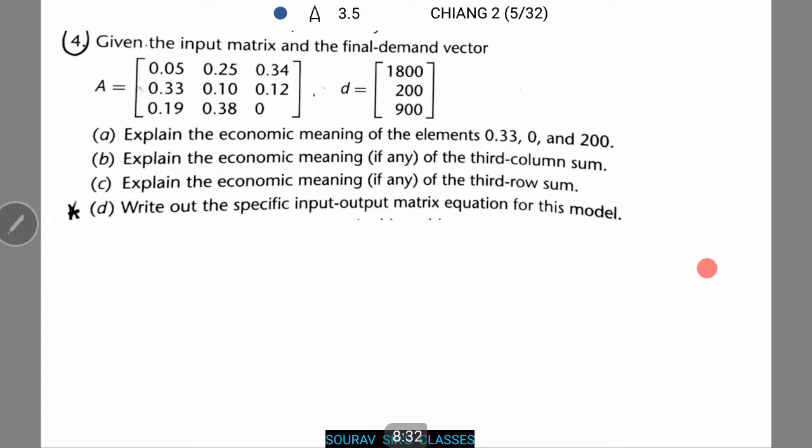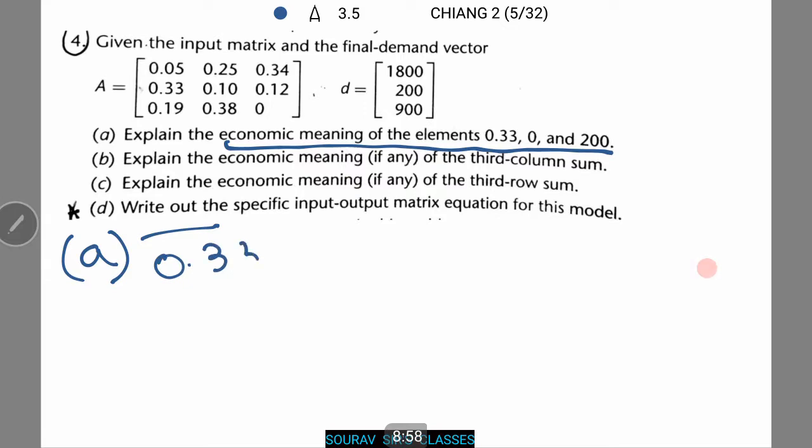Now quickly we'll do a sum that is fairly theoretical, and theoretical questions are always a bit challenging to answer. Let's see what we have in the question. We have to explain the economic meaning of the elements 0.33, 0 and 200. Starting off with the first question, the element 0.33 is given in this area.